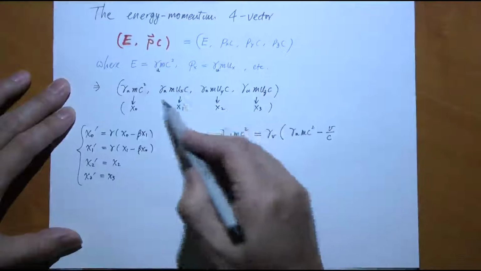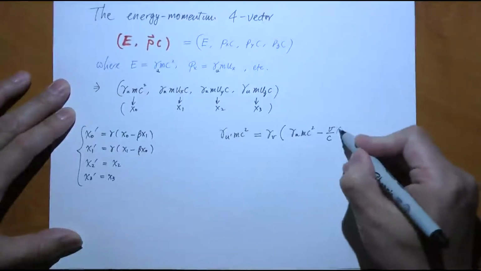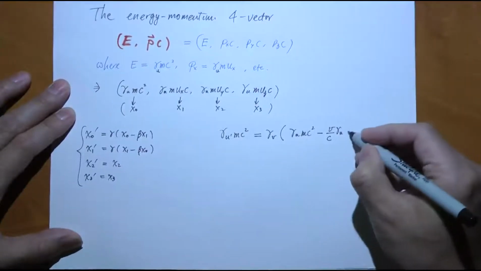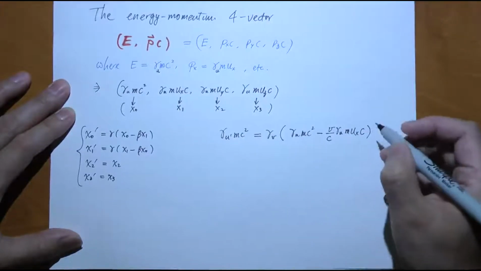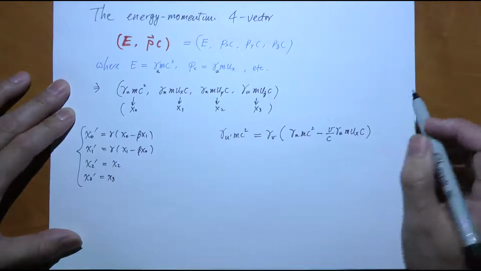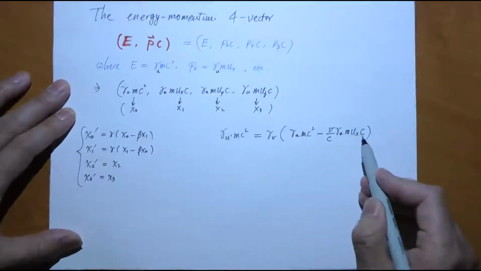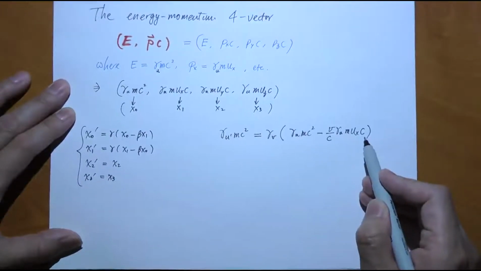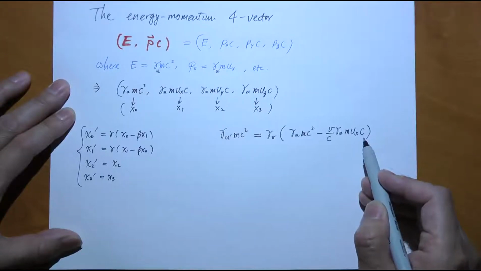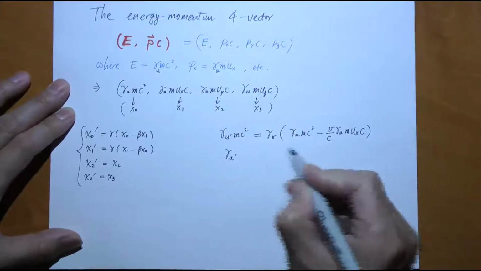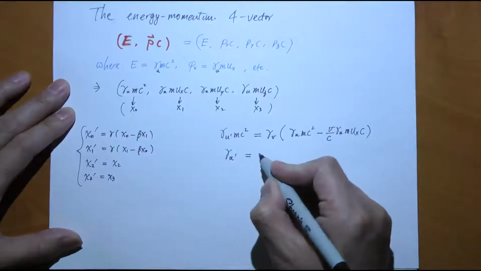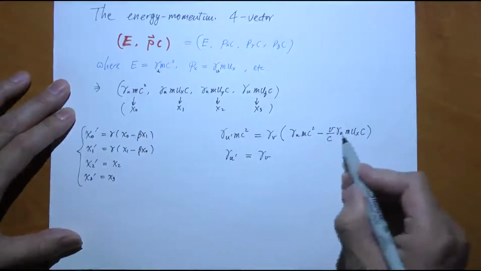and then x1, this is x1 right here, gamma u mux c. Okay, you can cross out those mc squared terms, and you can come up with something a little bit simpler. Gamma u prime equals gamma v, and there's a gamma u in both terms.